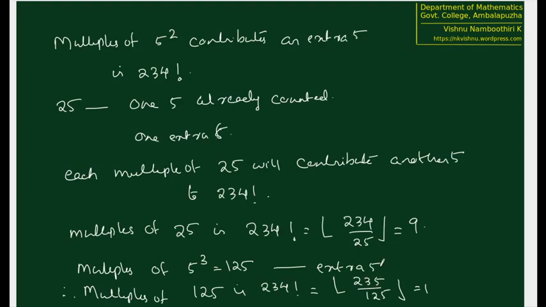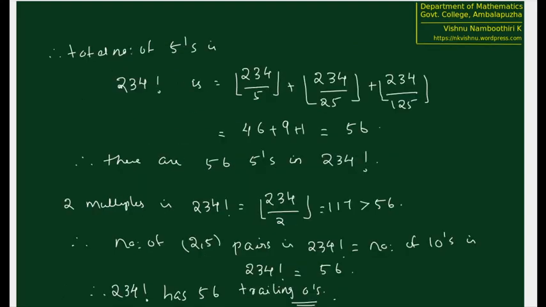The largest power of 5 appearing before 234 is 125, so we took the floor of that also. So the observation that we are going to make from this problem is the following.